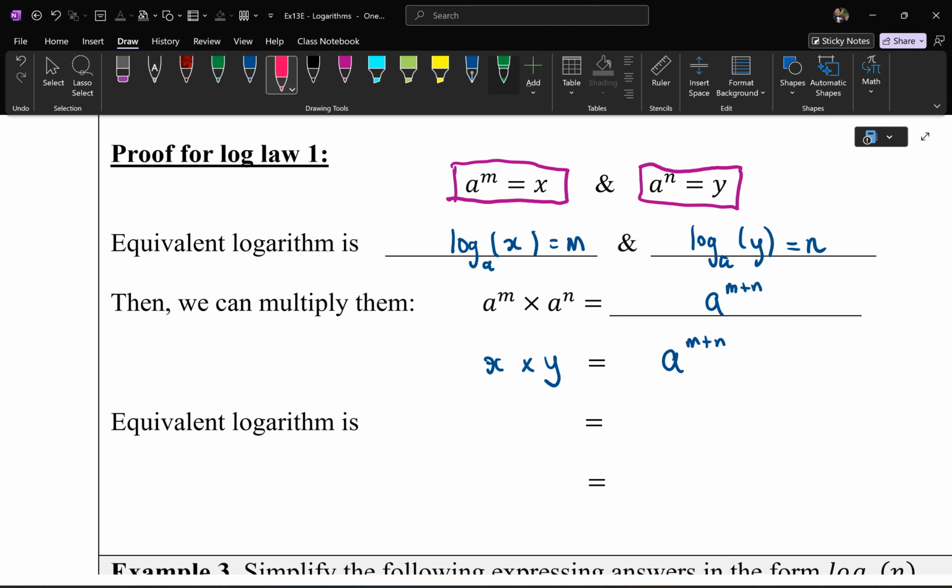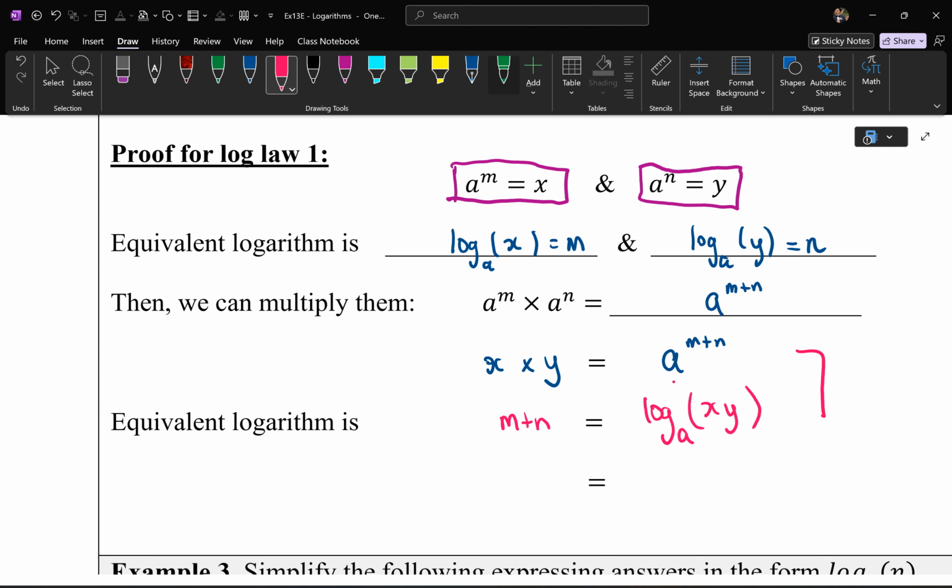If I write out the answer, log base A, so A to the power of what? So m plus n is over here, is equal to x times y. Can you see what I'm doing? This is the result. A to the power of what gives you that? Just like you did over here. A to the power of what gives you that? So log base A, to the power of what, that's my power, is equal to x times y.